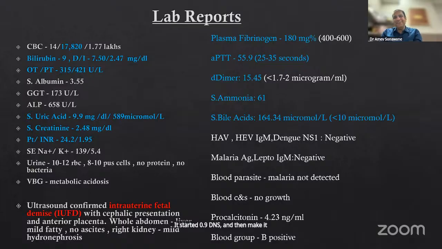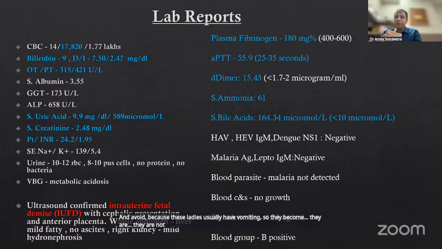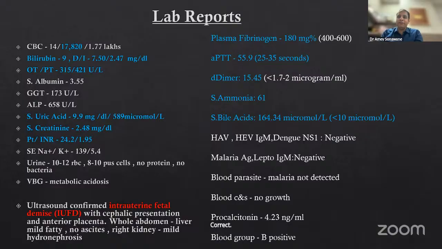So you don't have options. Or at least keep on giving Glucon-D, if there is no option there, because that's the fastest way by which we can build up the glucose. These ladies usually have vomiting, so they are not having any food, so they would eventually become more hypoglycemic, and that's the trigger basically that pushes them into a bad liver injury.